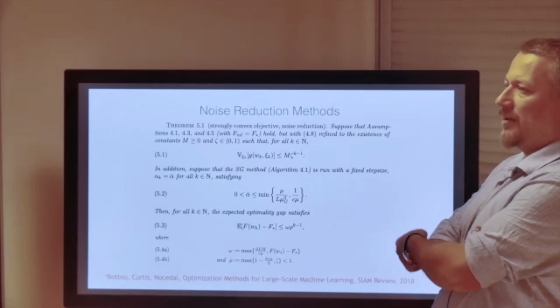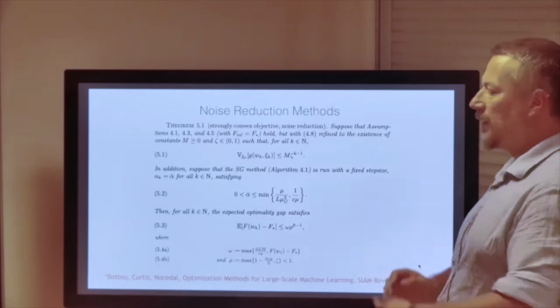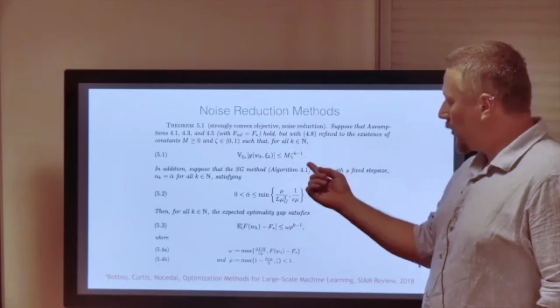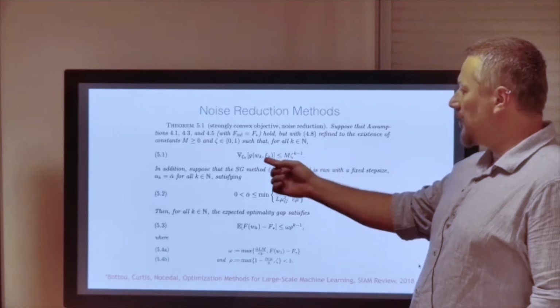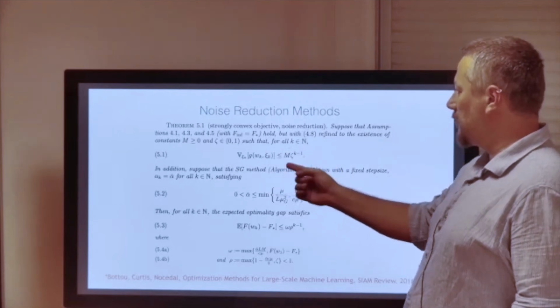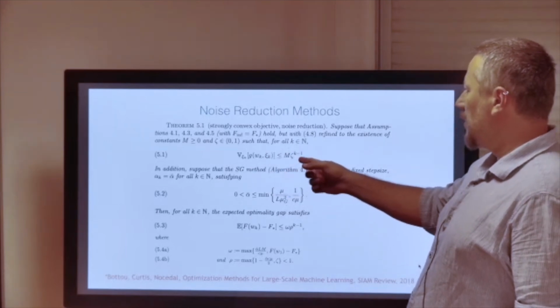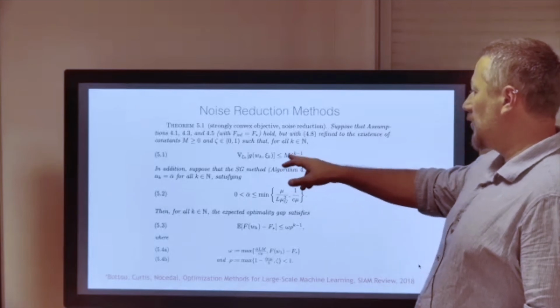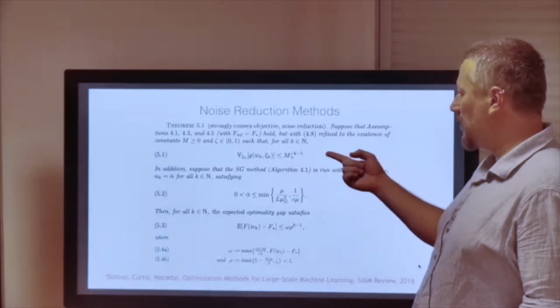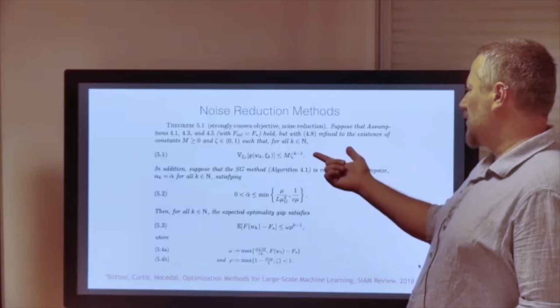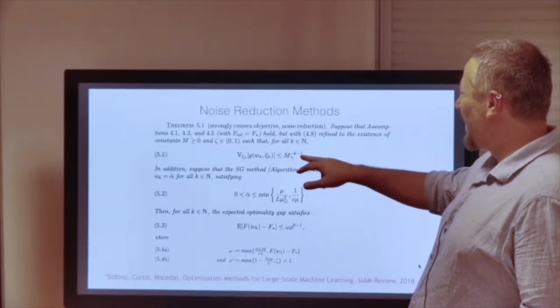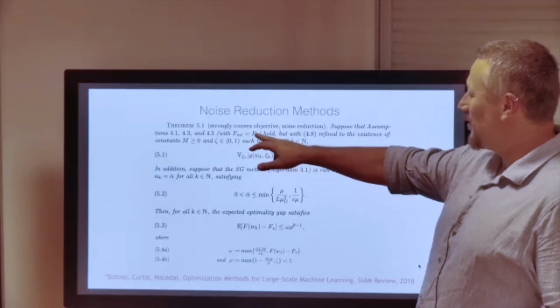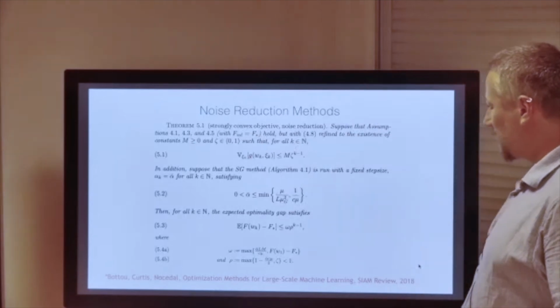If we can find a way to reduce it exponentially like this, so if the variance of the gradient at each step is diminishing exponentially, so it's always smaller than or equal to M times some constant between 0 and 1 to the power k minus 1.